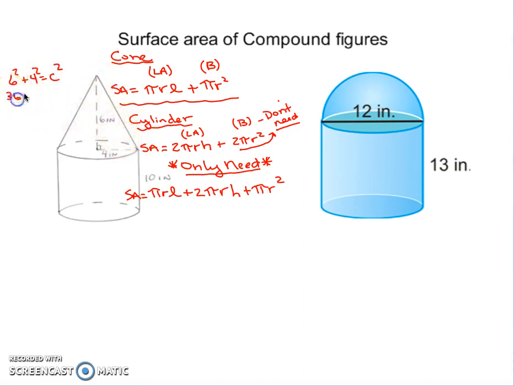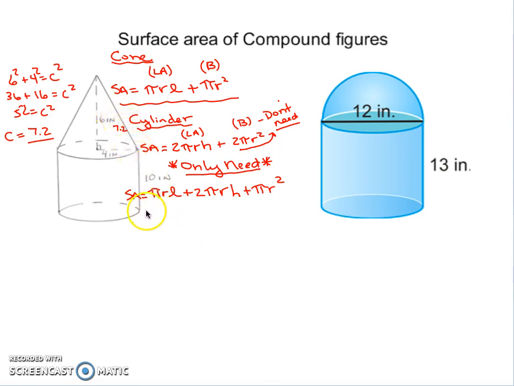So we'd get 36 plus 16 equals c squared. This would be the square root of 52. So c would equal 7.2. So this side right here would be 7.2 for my slant.